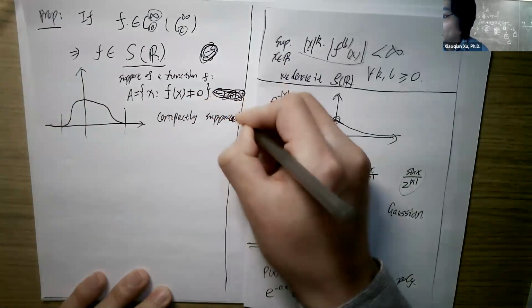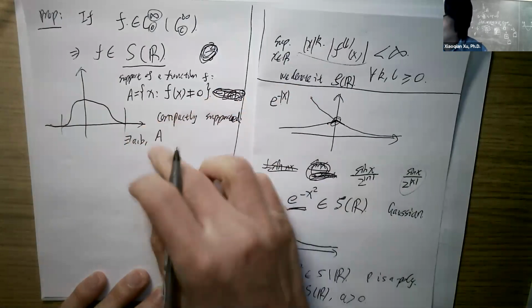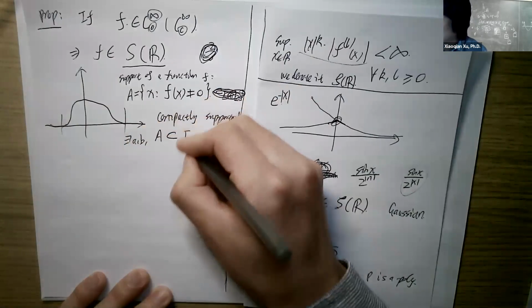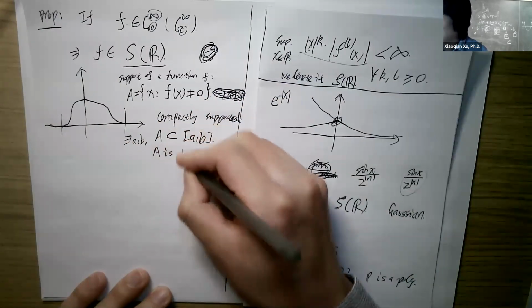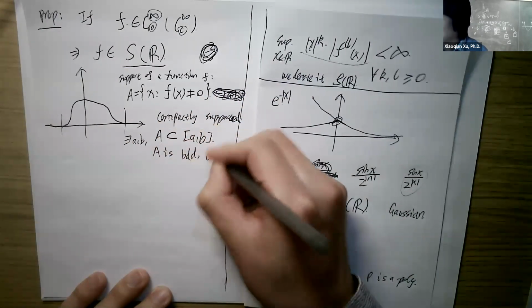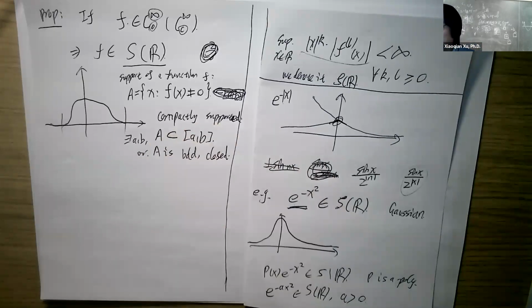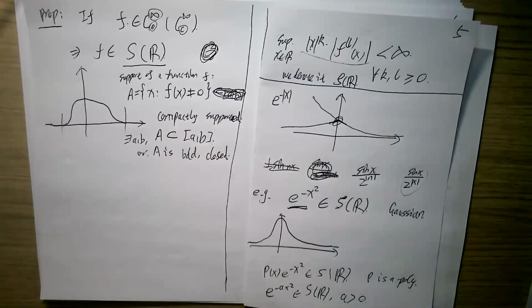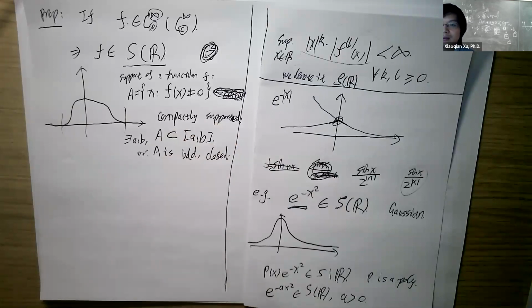Compactly supported means there exists an interval (a, b) such that the support is a subset of (a, b), or the support is bounded and closed. At least it's bounded. Okay, thank you. I think in your 308, you already learned what is compact, or at least you know the meaning of bounded and closed interval.